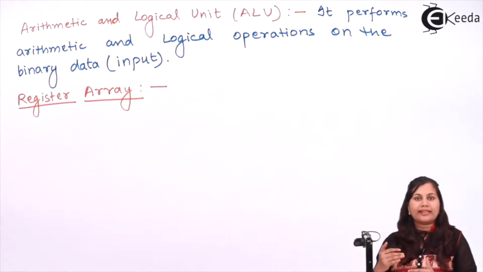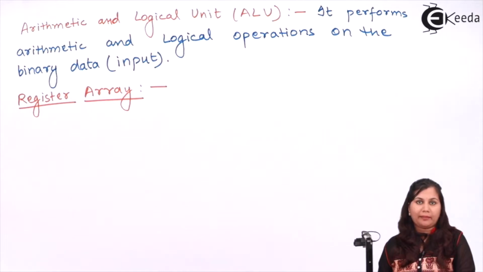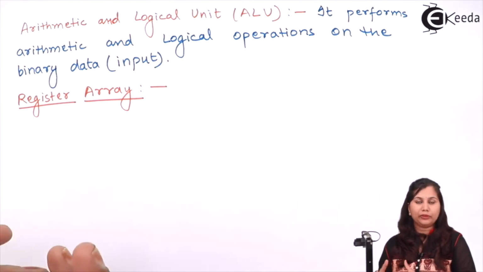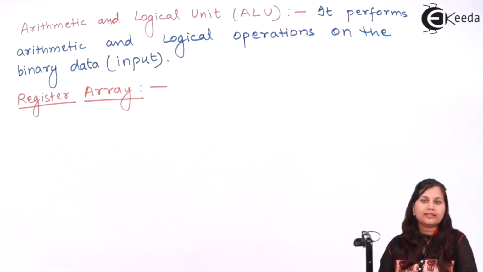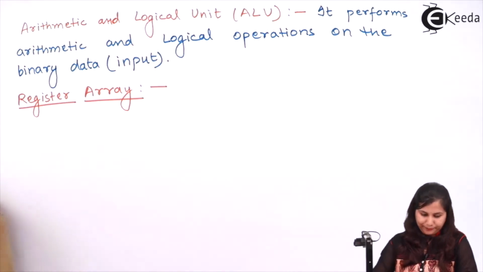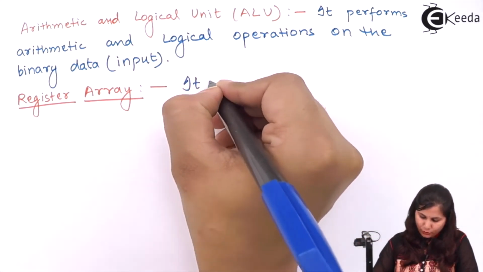Suppose there are 10 instructions written in the program, and after the execution of 4 instructions, some data or result has been produced which has to be used in the further instructions or in the remaining program. That intermediate result is going to be stored in some registers in the register array. So it is the function of the register array to store it.